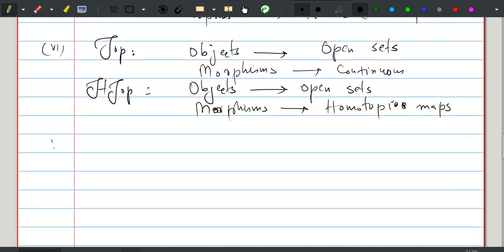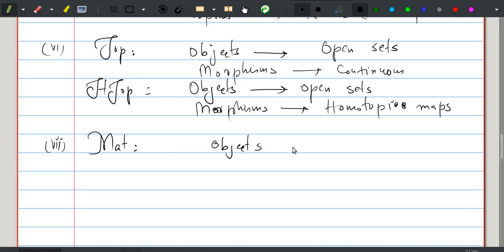And let us define one more category, say the category of matrices. So in this category the objects are natural numbers, and the maps are matrices, i.e. the linear transformations.